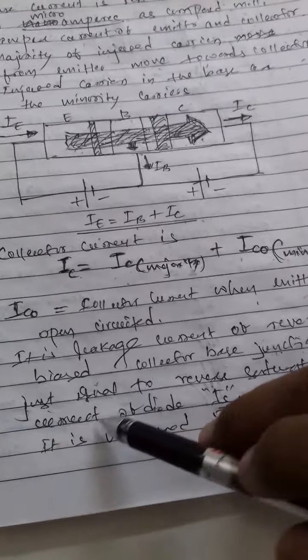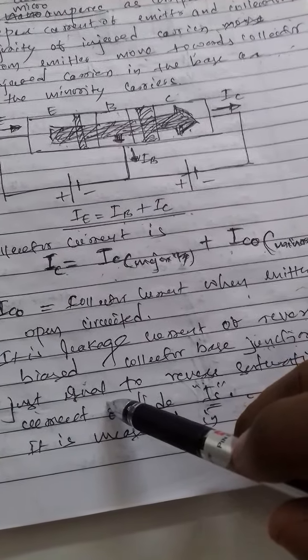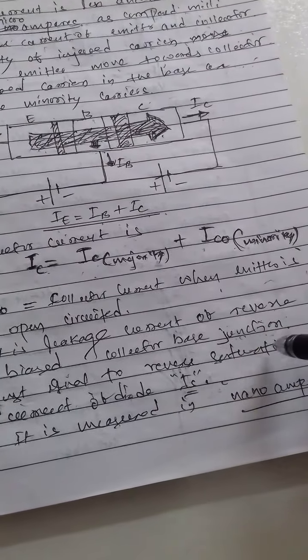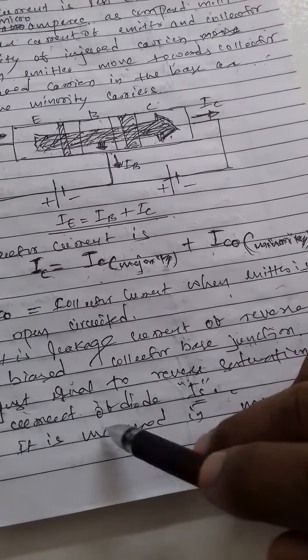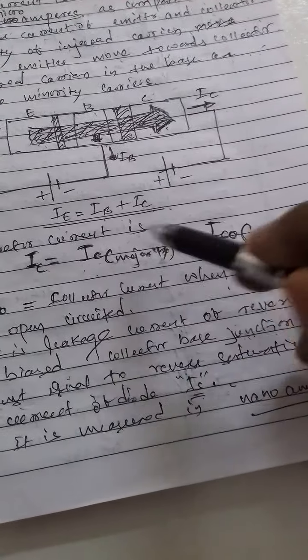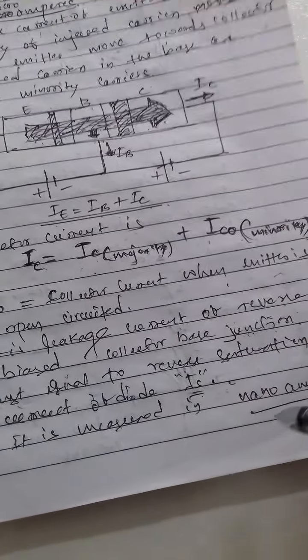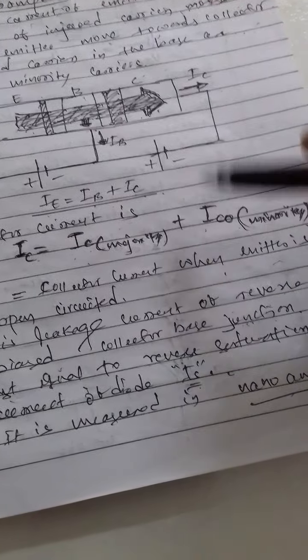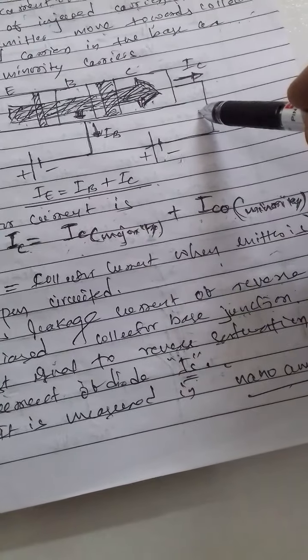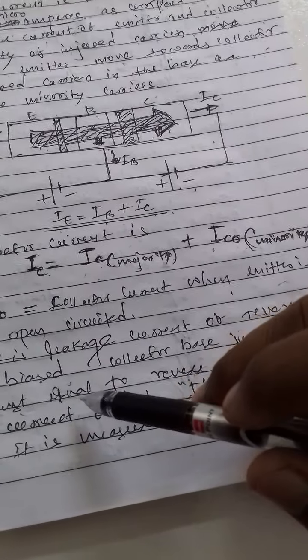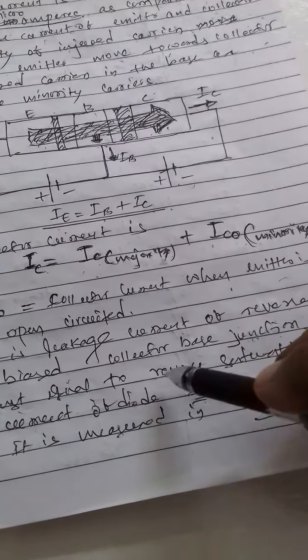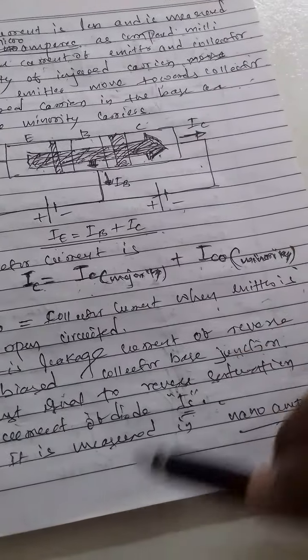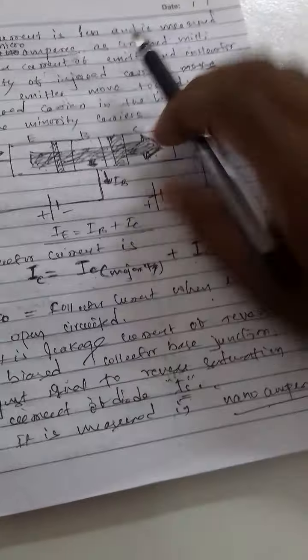ICO is measured in nanoamperes, so it has a negligible value, and this current flows because the collector base junction is reverse biased.